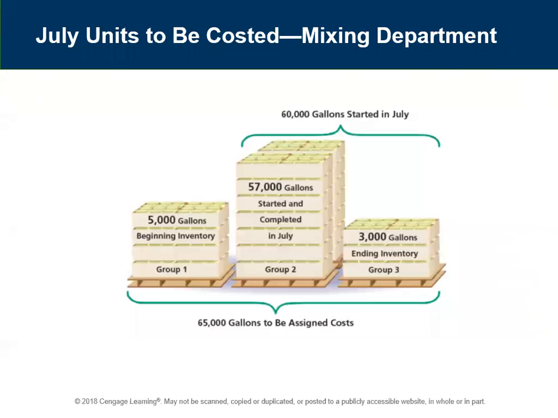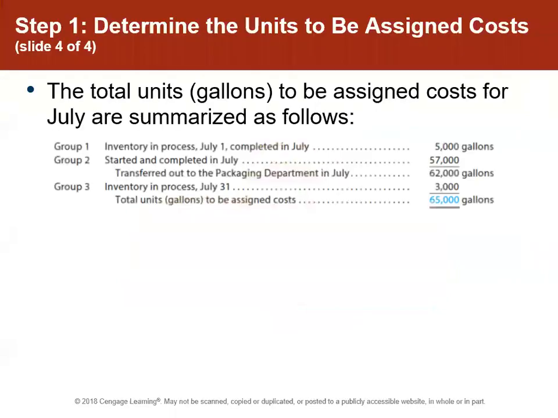But right here, you can see started was the 57 that were started and completed plus the ending inventory. So we started with 5,000, we added in 60,000. Of those 60,000 that we started, 57,000 were completed, 3,000 are in ending inventory. Okay.